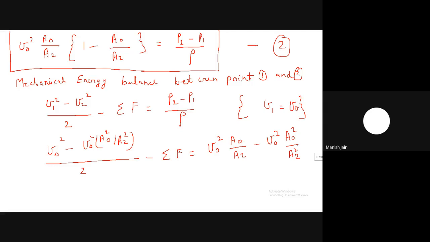Okay, now just rearrange this equation. So take this quantity here and rearrange this equation. You will get sigma f equal to, take sigma f on the right hand side and other quantities on the left hand side. You will get sigma f equal to V0 square by 2, which will be common in all terms, in bracket.